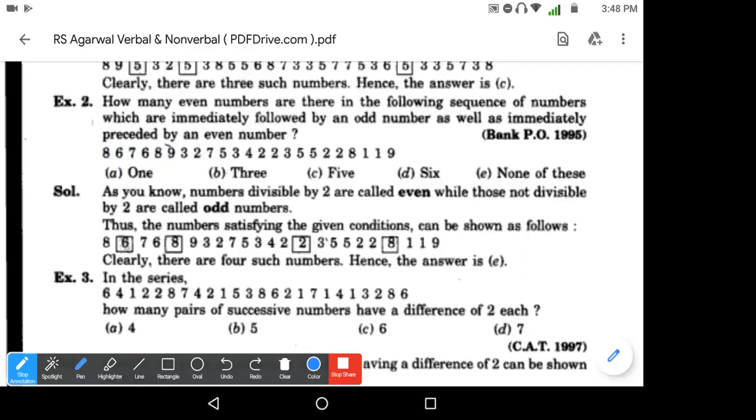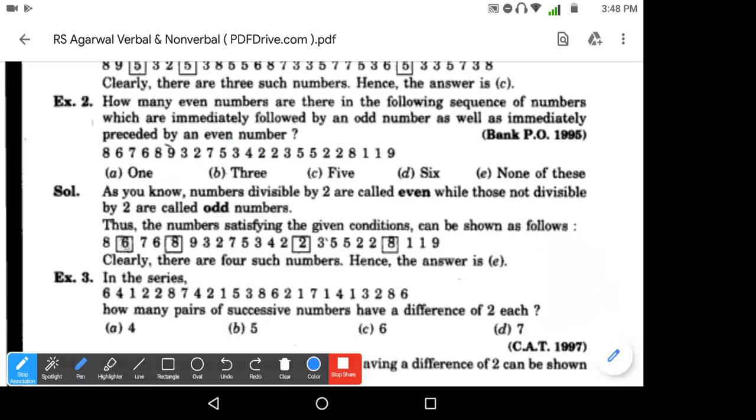Now let us continue. Now after that, see the next even number. Next even number is 2. It should be even, odd. So if this is 2, before this there is 3, and after this there is 7. No, not possible. 2 is not possible. Then 4 also not possible, because you have an even number and then an odd number, not possible.